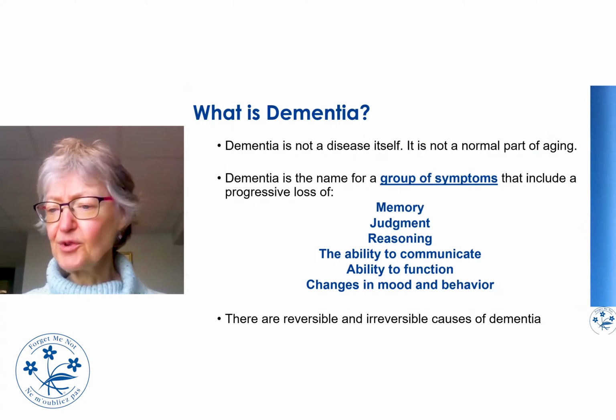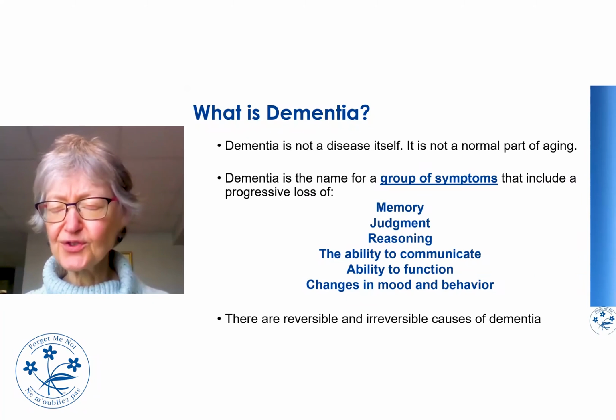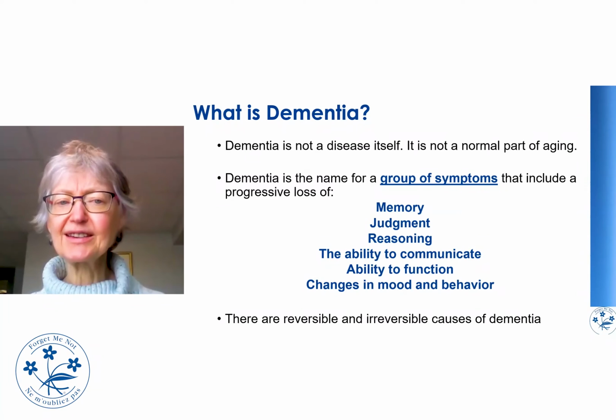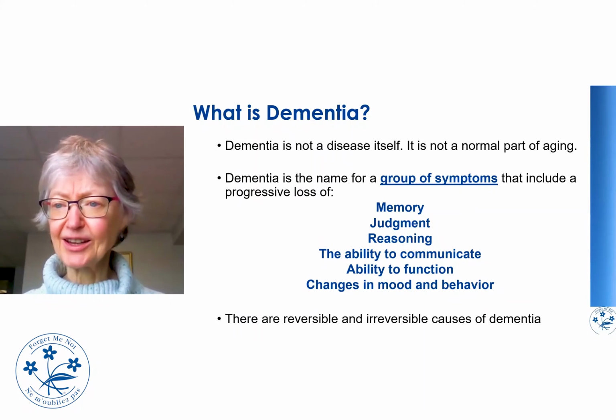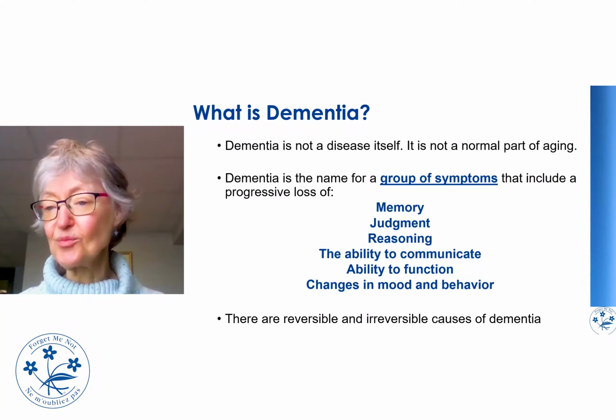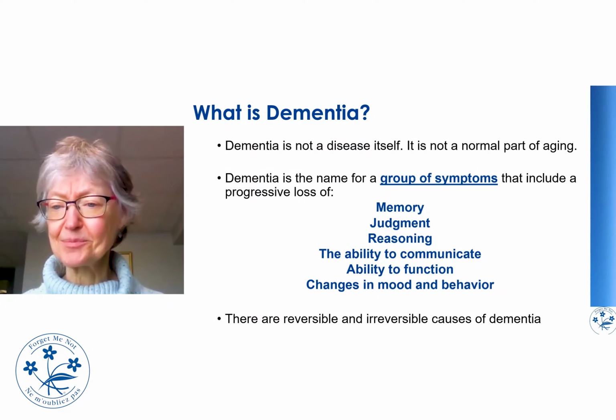So just a review, we often have new folks, so I just want to quickly remind folks, if you've heard it before, I apologize. When we're talking about dementia, we're not talking about a specific disease. We're actually talking about a syndrome or a collection of symptoms.